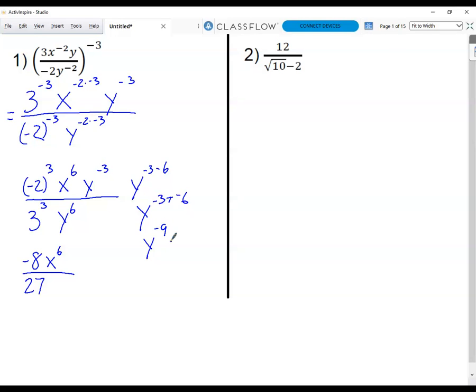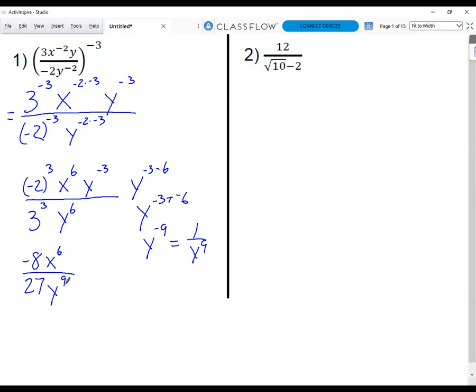And y to the negative ninth is the same thing as 1 over y to the ninth. What I do personally is I subtract them and say, okay, negative 6 minus negative 3 is y to the ninth. So, I mean, you can do it in your head. The better you get at it, if you want to work it out, that's how it works out. That's the end of problem 1.